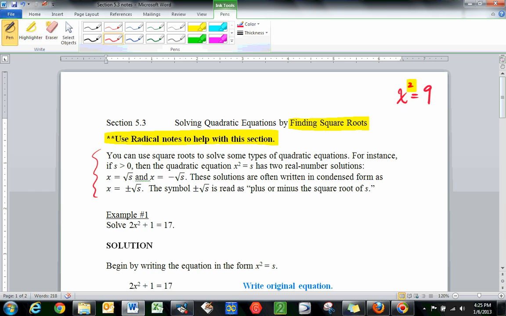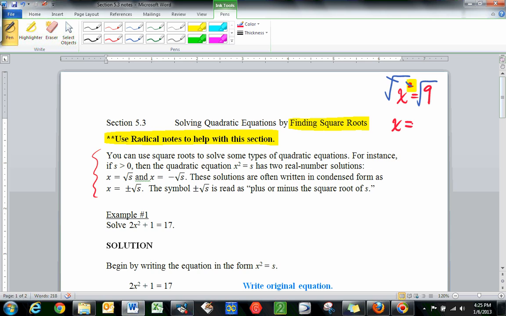What we can do, however, is take the square root of both sides. You will recall that the square root and the power cancel each other out, leaving me just an x on the left side.